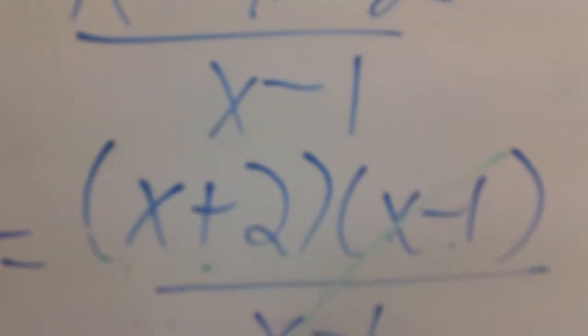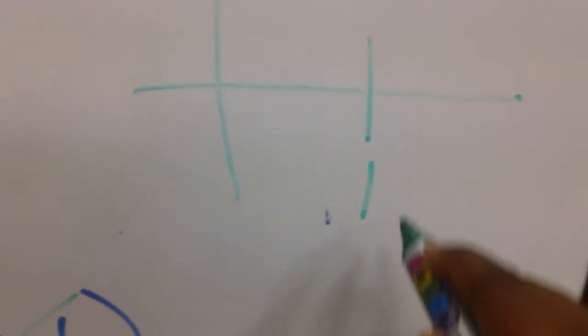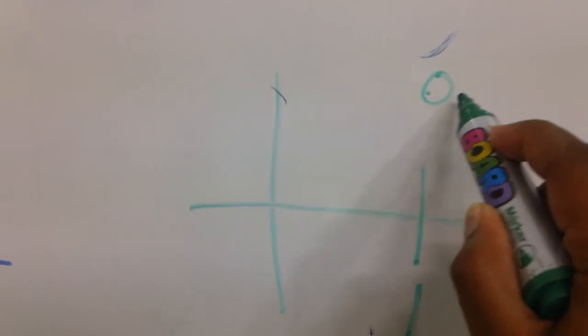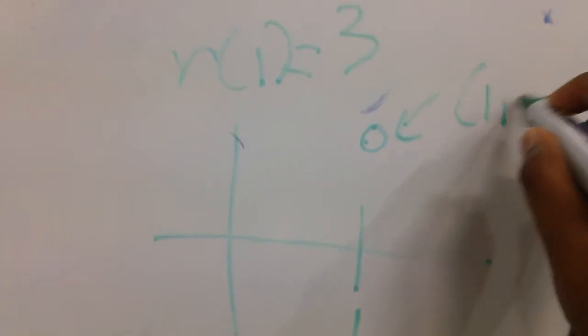So that means we have a hole. So the graph of this would look something like, wherever 1 is, instead of an asymptote, it would be a hole. And this hole would be a value when r is 1, which as we can see in this case is 3. So this one right here is the hole at 1, 3.